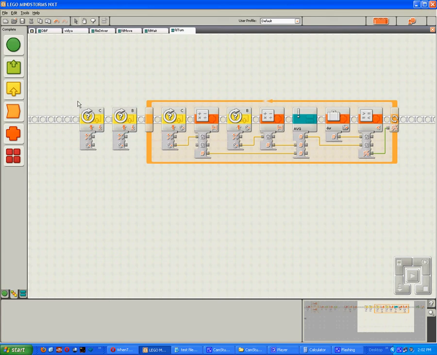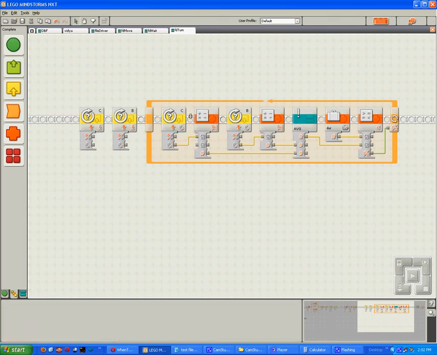Now, the first thing I'm going to do is I'm going to reset my C and B rotation sensors. And after that, I'm going to read the values in from them constantly. Notice how these are set to reset, and these are set to read.